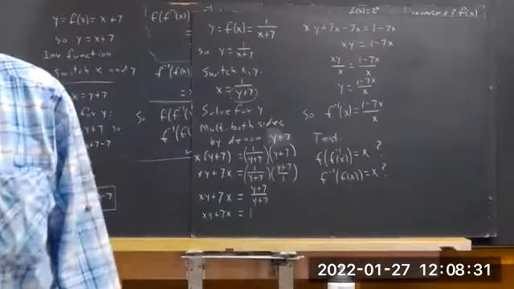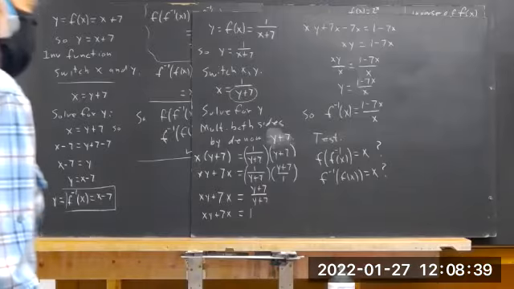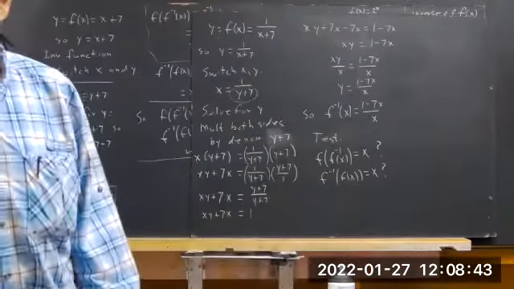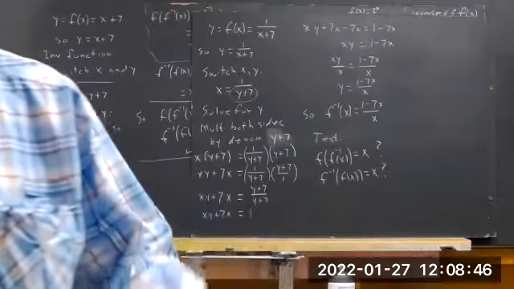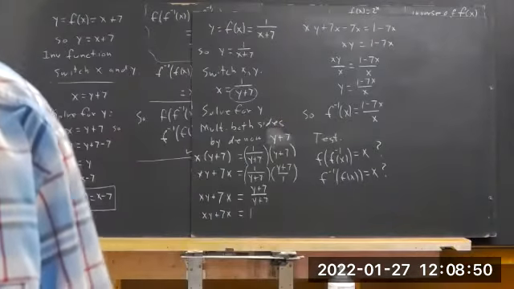I was going to take the time to do that, partly because the algebra of doing this is a little tougher than the algebra of solving the equation, and I don't want to confuse you with the algebra right now. I'm going to give you the picture.